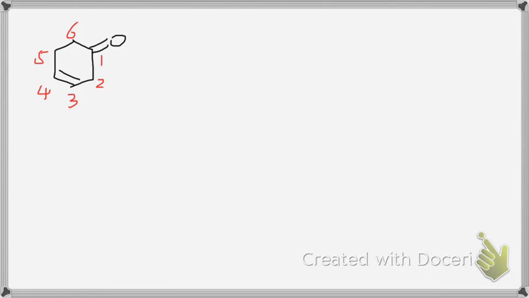And what's the name of the compound? 3-cyclohexenone. So here is the case when we have two endings, the -ene ending and the -one ending. The -one, the ketone, will be the parent compound, so it goes last. And we omit the E in -ene.